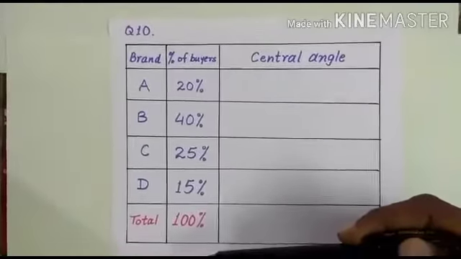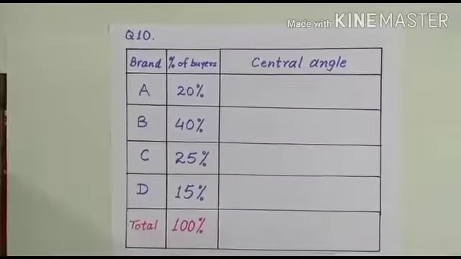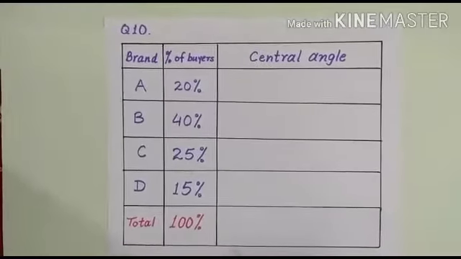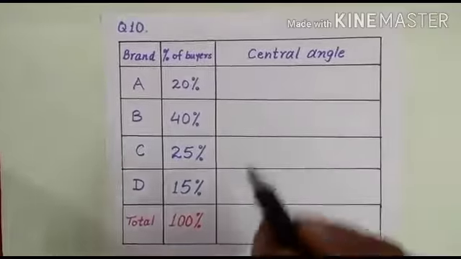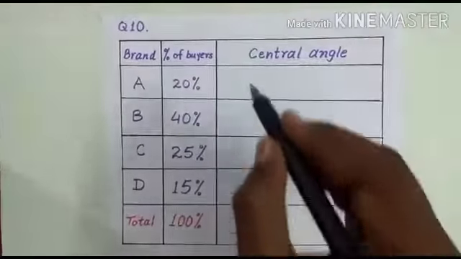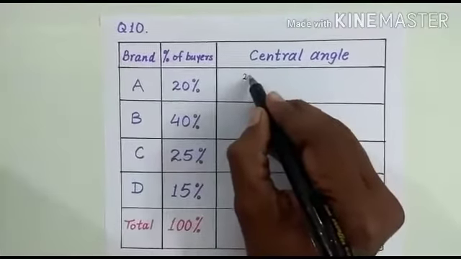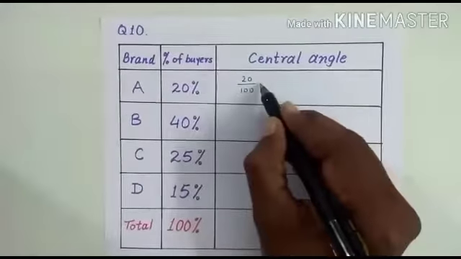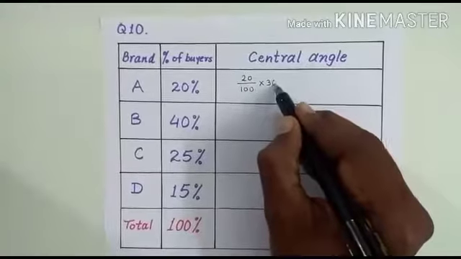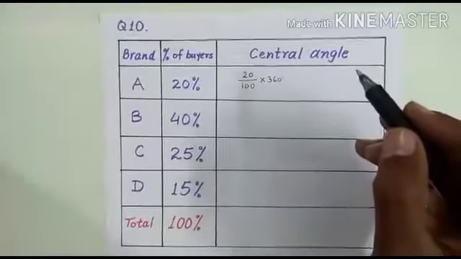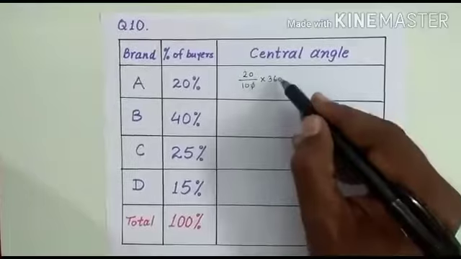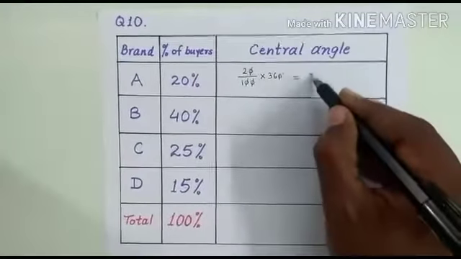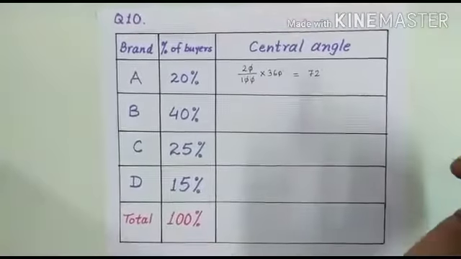For constructing the pie chart, we need the central angle. Just as in the previous question, we find the central angle. Like that, we will find it for this question. 20%: 20 out of 100 into 360 for converting into central angle. 0 to 0 cancel, 0 to 0 cancel, 36 twos are 72 degrees.